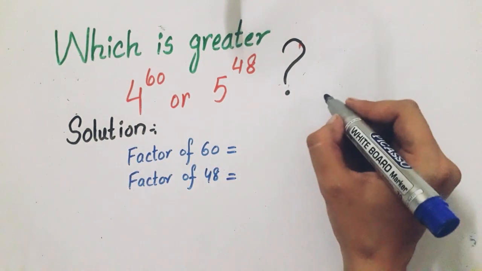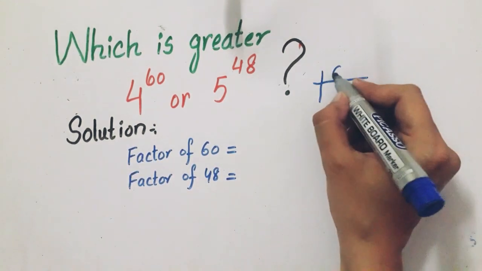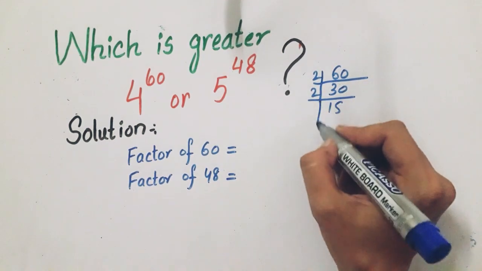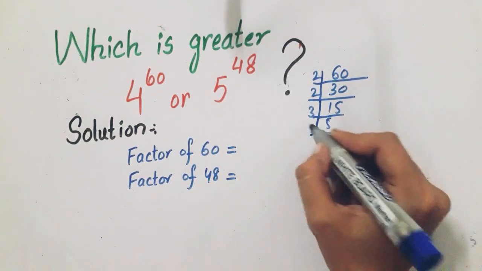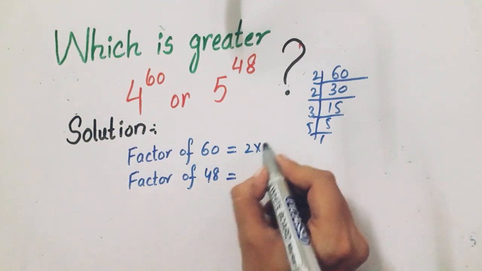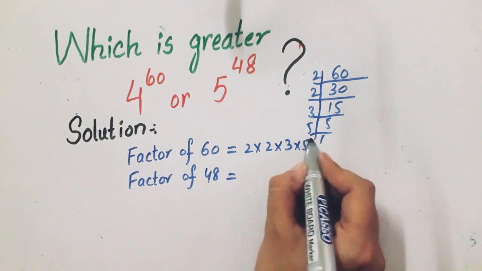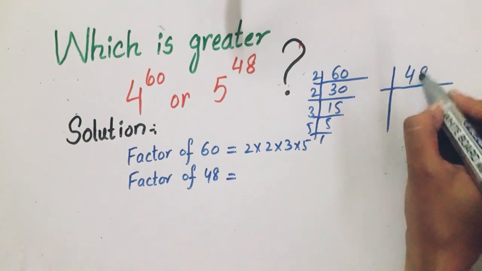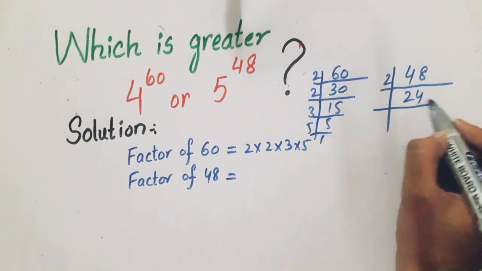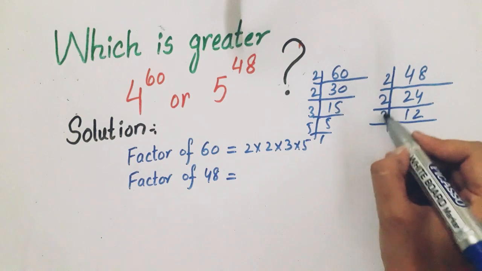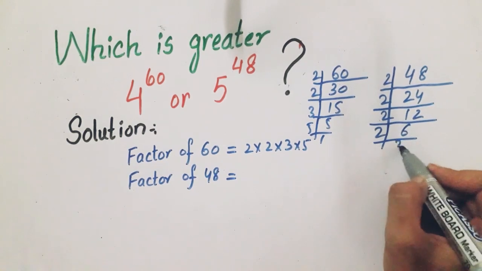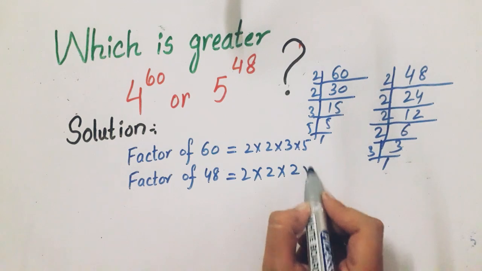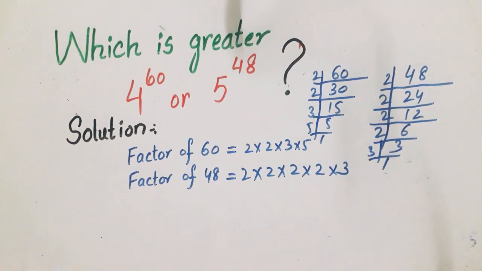Now the factors of 60 are 2 multiply 2 multiply 3 multiply 5, and the factors of 48 are 2 multiply 2 multiply 2 multiply 2 multiply 3.